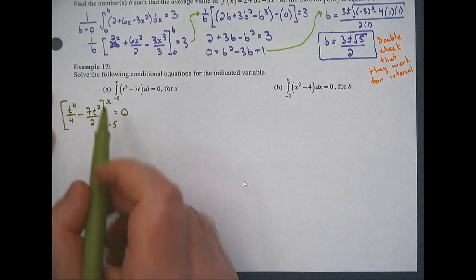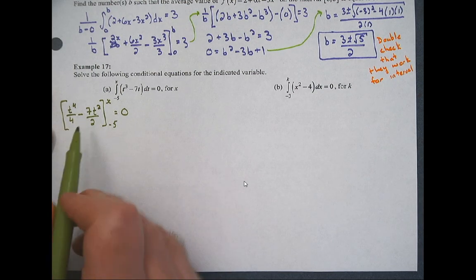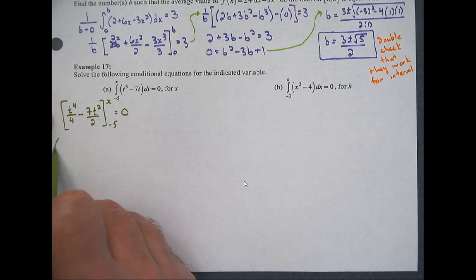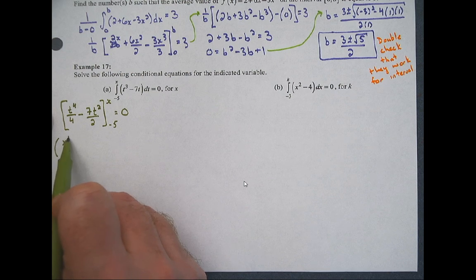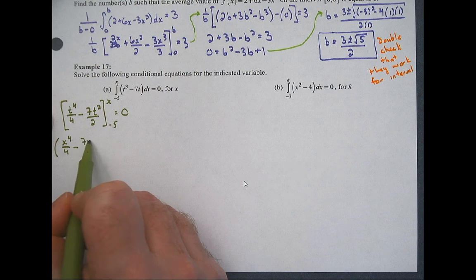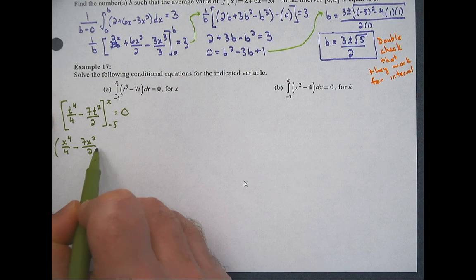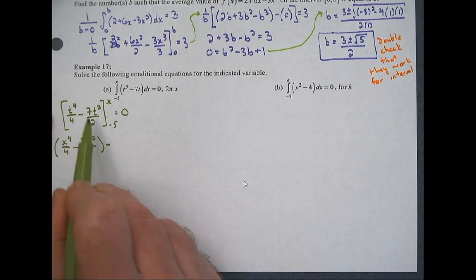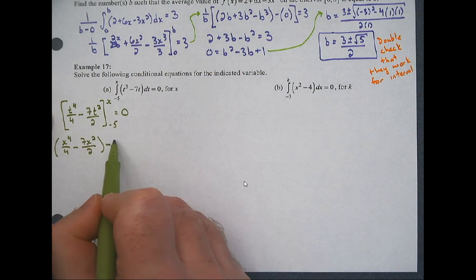So now this is something that I can compute. So let's now start plugging and chugging. So this is the quantity of x to the 4th over 4 minus 7x squared over 2, minus, because I'm doing plug in, then subtract this one.